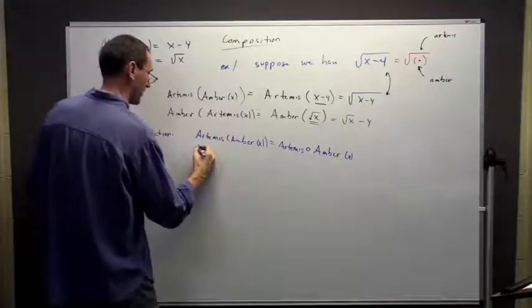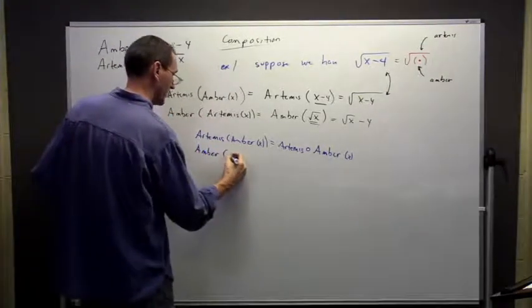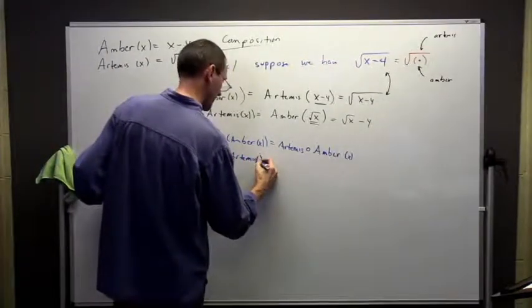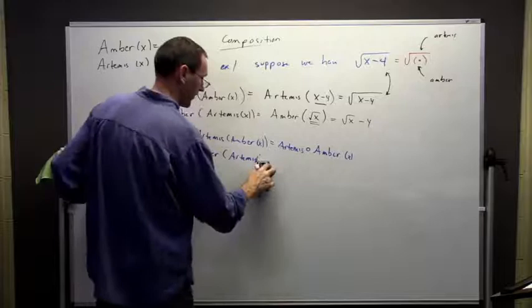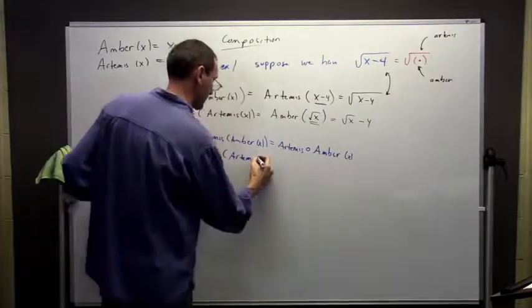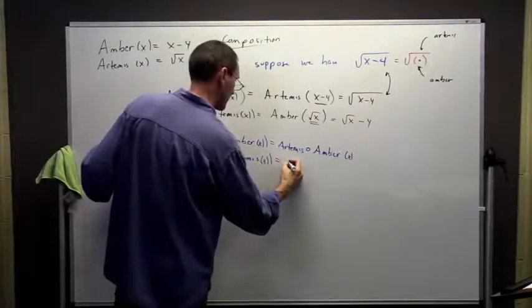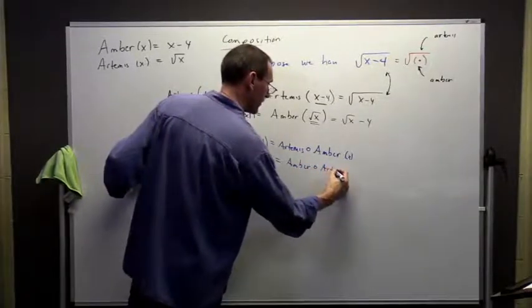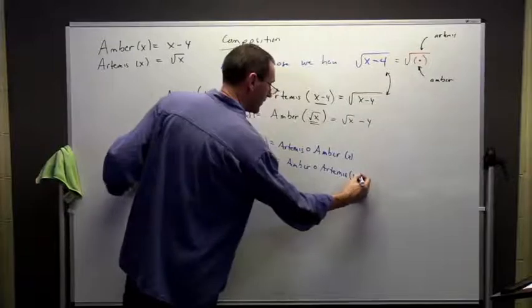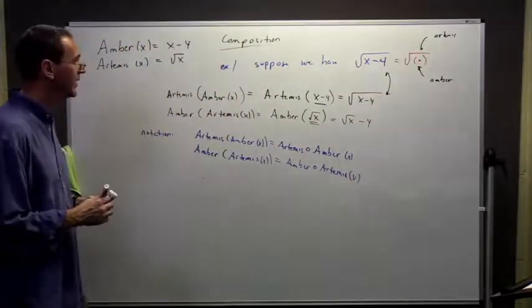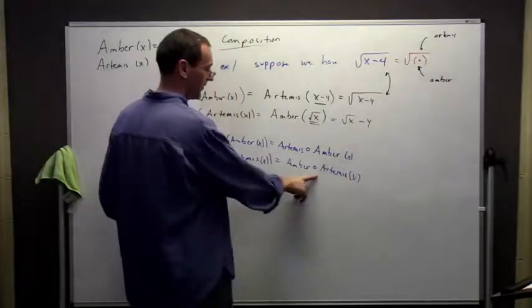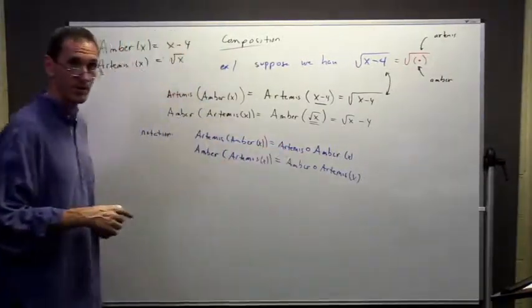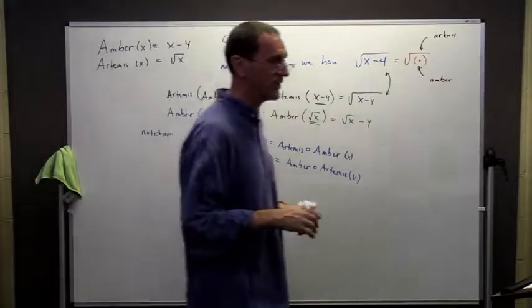And likewise, if I switch the order, oops, be careful, a function of x, I'm going to take Amber composed with Artemis. Okay? So now this can be very confusing because an open dot means composition, a closed dot means multiplication. They're two different things.